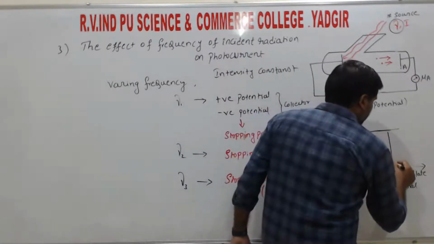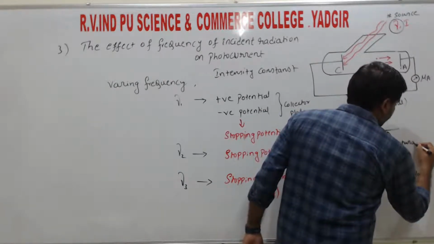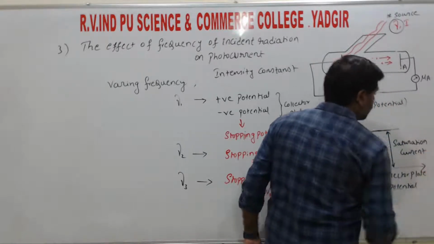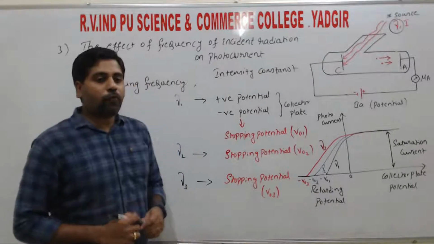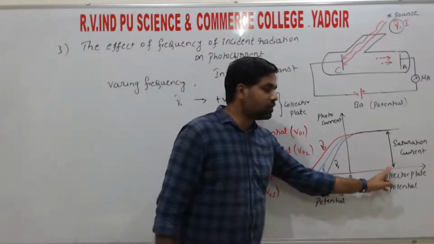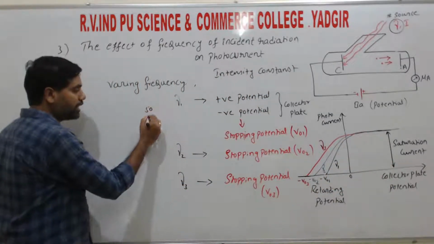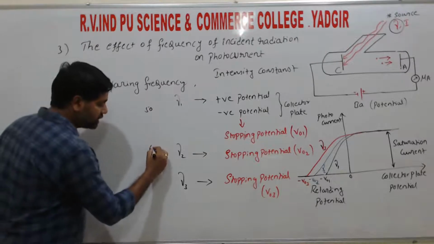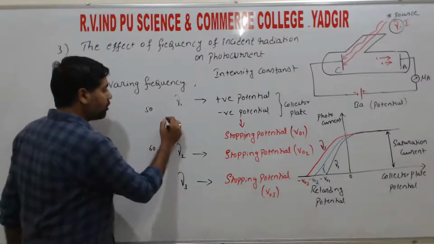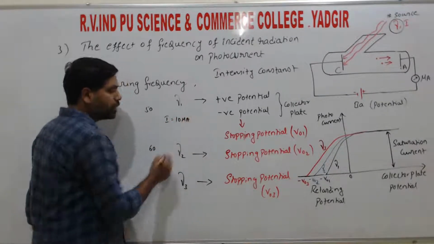So for increasing frequency, we get the same saturation current. For example, if the frequencies are 50 Hz, 60 Hz and 70 Hz, for 50 Hz we get a saturation current of, for example, 10 microamperes.